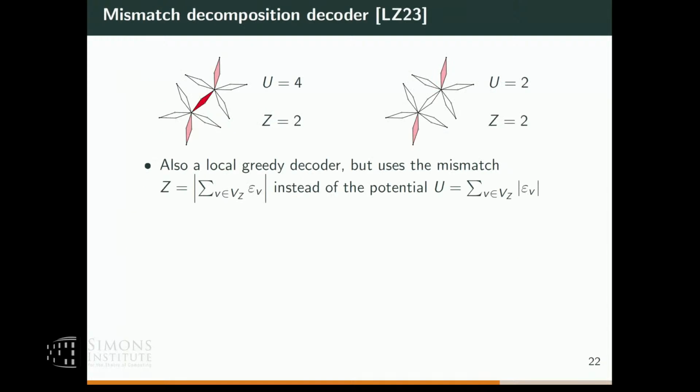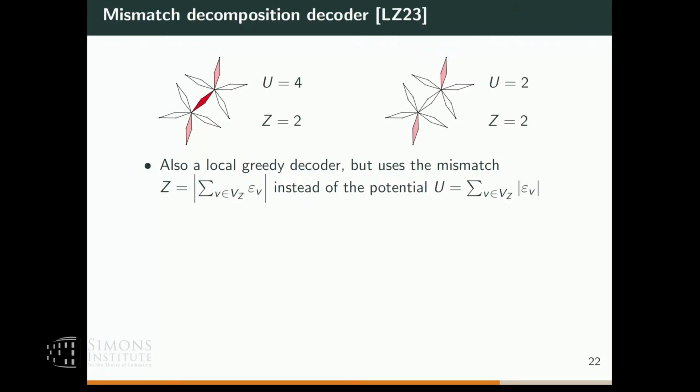So, okay, let me discuss a bit about the decoder that we're using for single shot. It's a slightly different decoder that was developed by Leverrier and Zemor, which is based on this mismatch decomposition procedure. But actually, it works very similarly to the potential-based decoder that I presented previously.